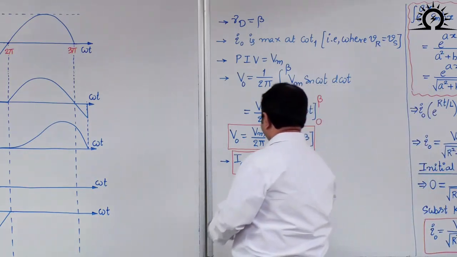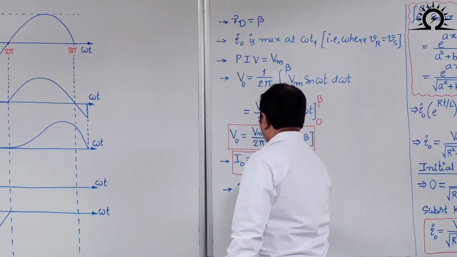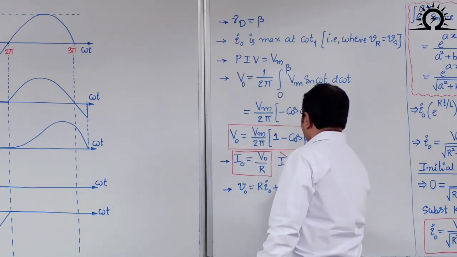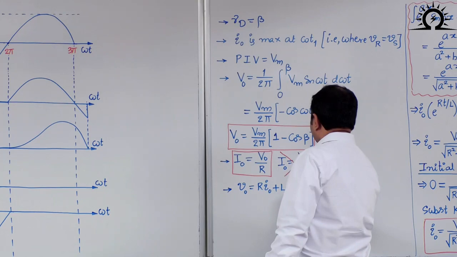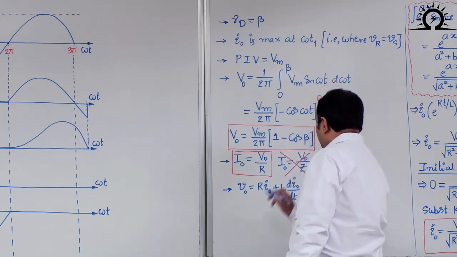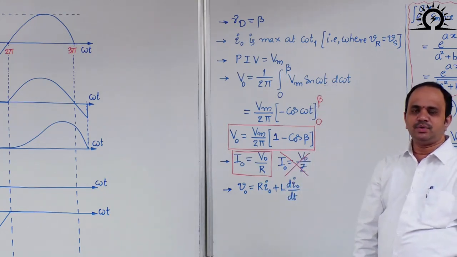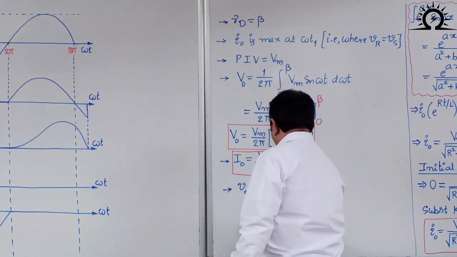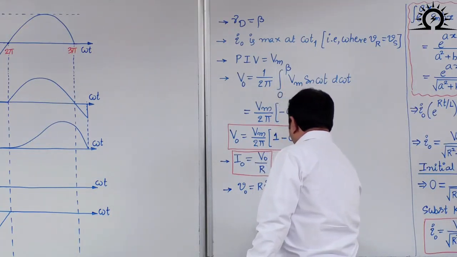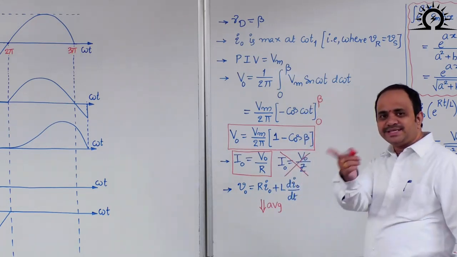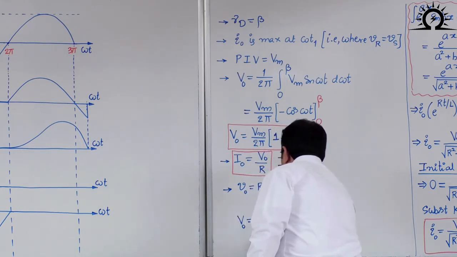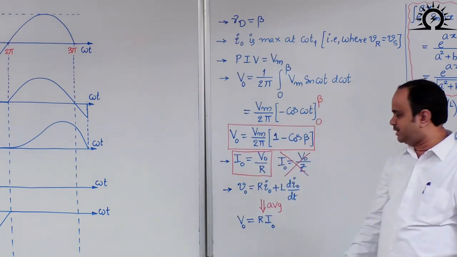For example, if you write the output voltage equation, v naught is equal to R into i naught plus L into d i naught by dt, and convert each term into average terms, what you will get? Average output voltage capital V naught is equal to R multiplied with capital I naught.